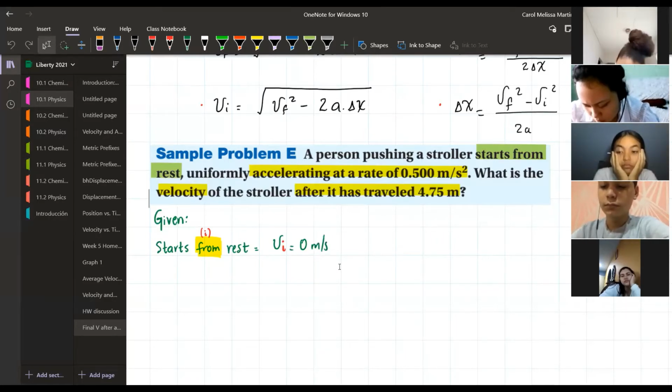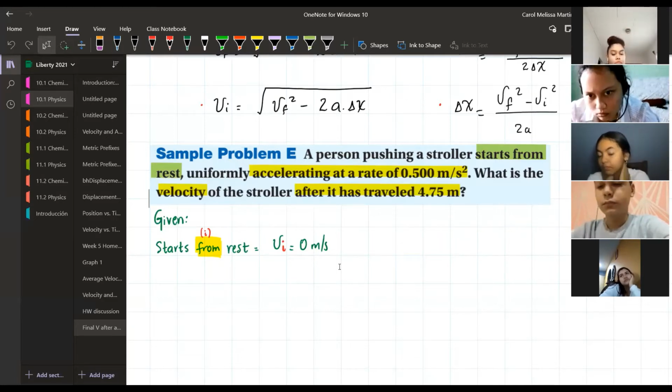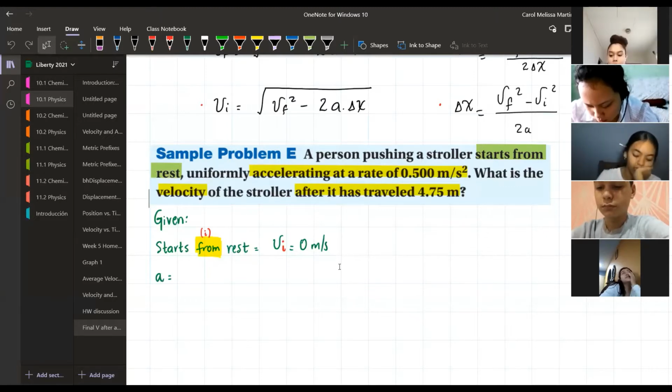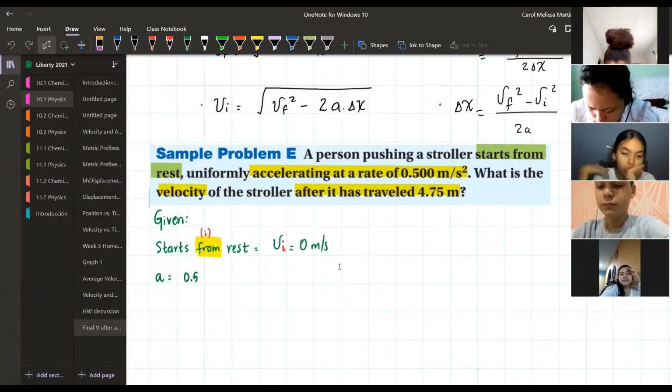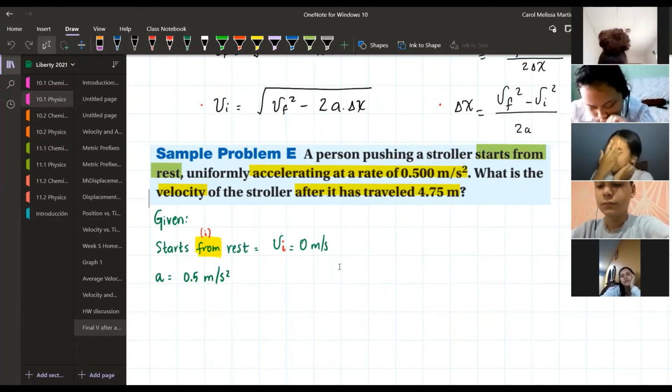Now, uniformly accelerating at a rate of 0.500 gives me information about acceleration. 0.500 is the same as you just write a 0.5, okay? Meters over second squared. And then they're asking me the velocity. Even if it says uniformly, yes, that means there is a constant acceleration.